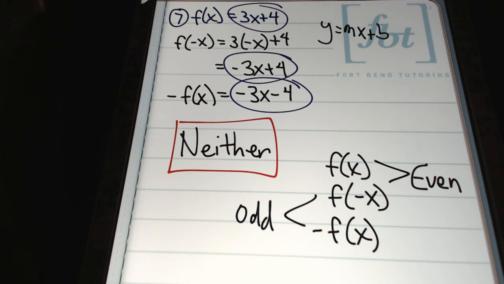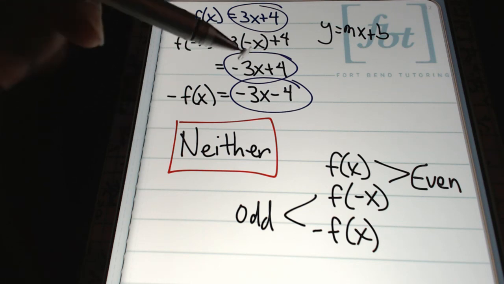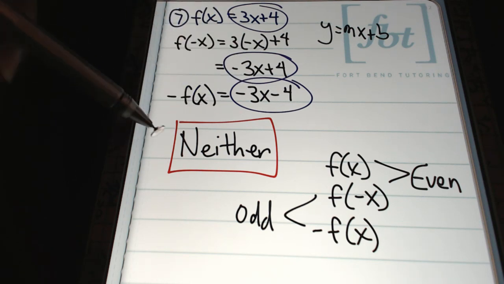If you were to just tell me outright that this was going to be neither odd nor even, how am I to take your word for it? Go ahead and prove it to me by showing me this even and odd test and proving to me why the function is neither even nor odd. Okay, so we're going to prove ourselves, prove our worth, prove it with work and steps to show that we are dealing with either the even, odd, or neither as far as the functions are concerned.